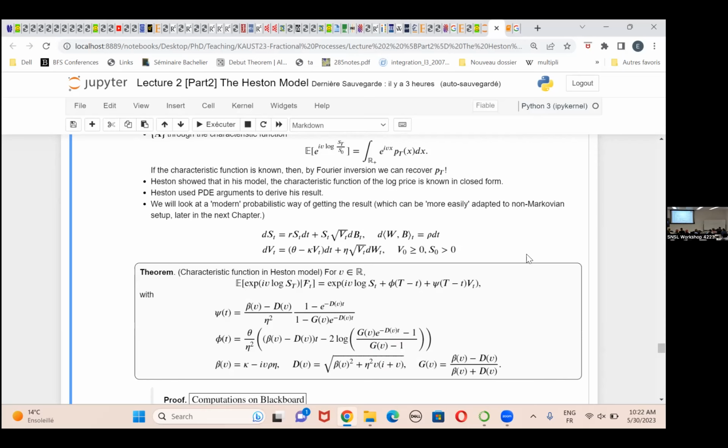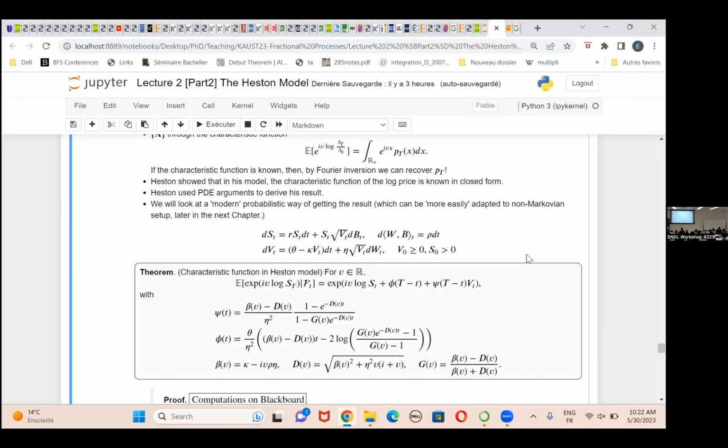And this is well known since the work of Heston in 1992. Heston actually used a PDE argument, because the model is Markovian in log S and V. You can write down the PDE, the Feynman-Kac formula for this guy, right? You can write the PDE, and then he made a guess on the solution of the PDE, and he was able to derive these formulas. All right.